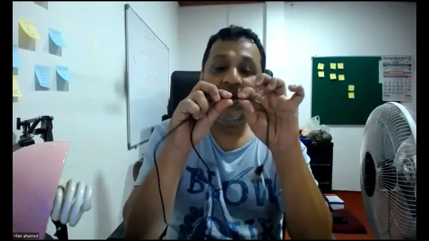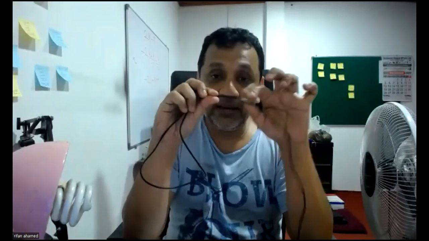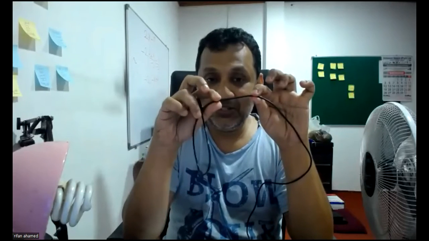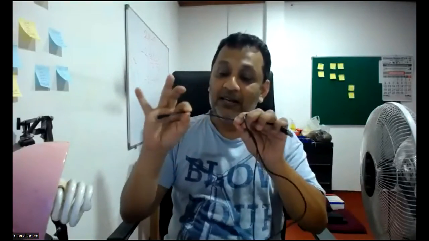One chromosomal DNA having many genes in it is called by the name linkage. What is the name given? Linkage. So what is meant by linkage? One chromosomal DNA, here to here one gene, here to here another gene, like this, there are many genes in one chromosomal DNA.